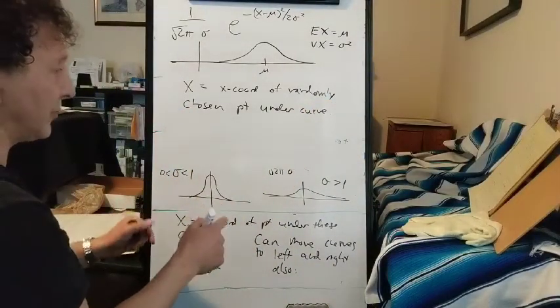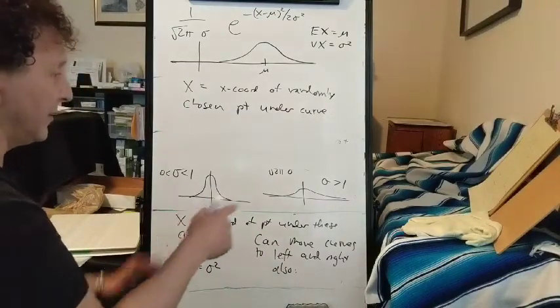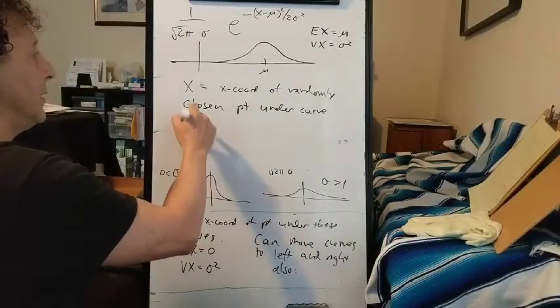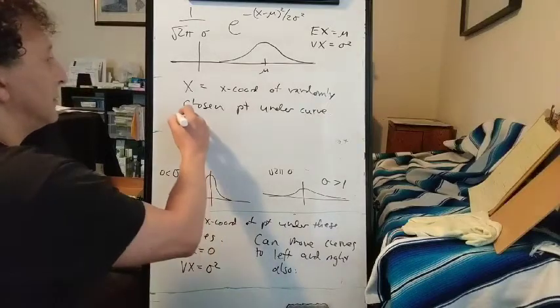Now the standard normal curve is centered at x equals 0 and has variance 1. These are all normal curves, and the random variables are called normal random variables.